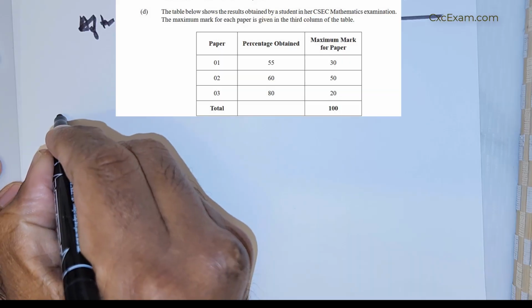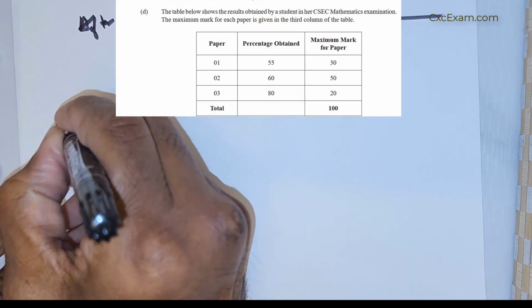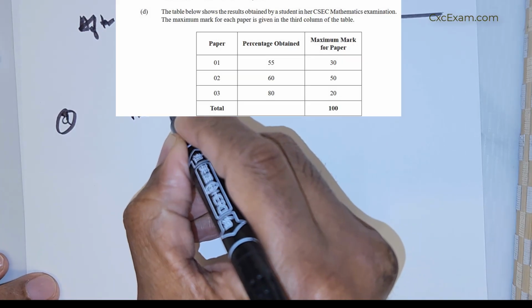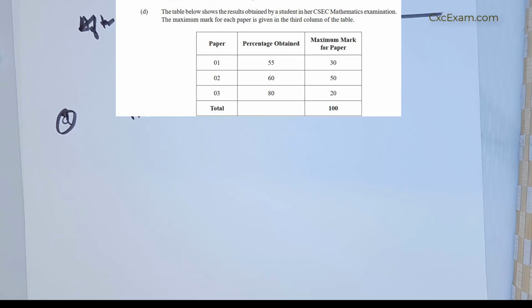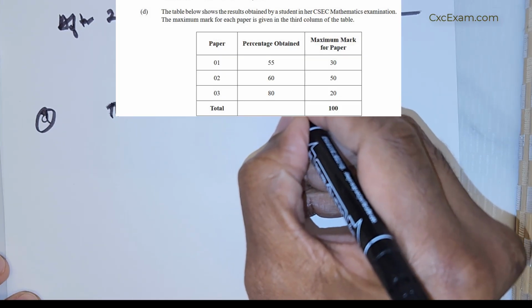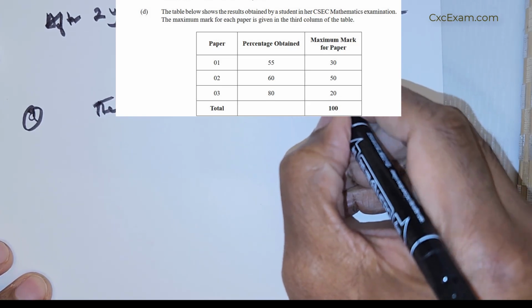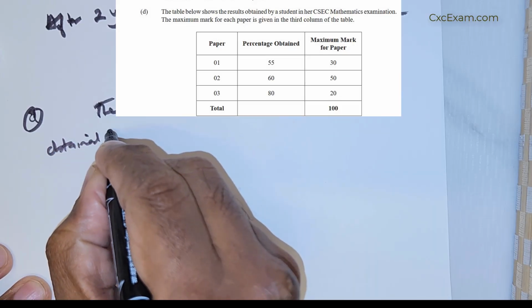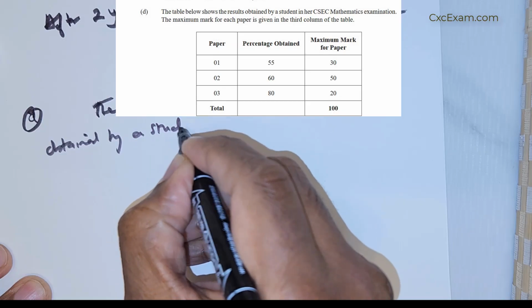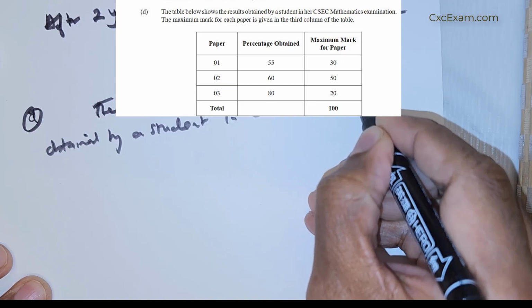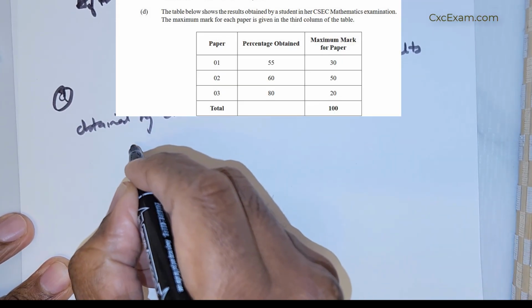Okay, now this is the question part D. Now it says that the table below shows the results obtained by a student in CSEC exam, math exam, right?